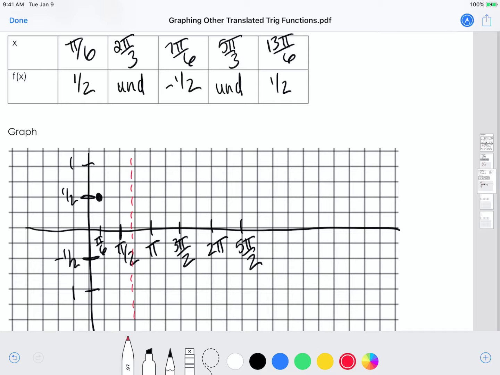And then at 7 pi over 6, which is a little bit past pi, that's going to be at -1/2, so about right here. And then at 5 pi over 3, which is a little bit past 3 pi over 2, that's going to be my other asymptote. And then at 13 pi over 6, which is a little bit past 2 pi, I'm going to come back up to 1/2. And when I graph that, it's going to look like this.